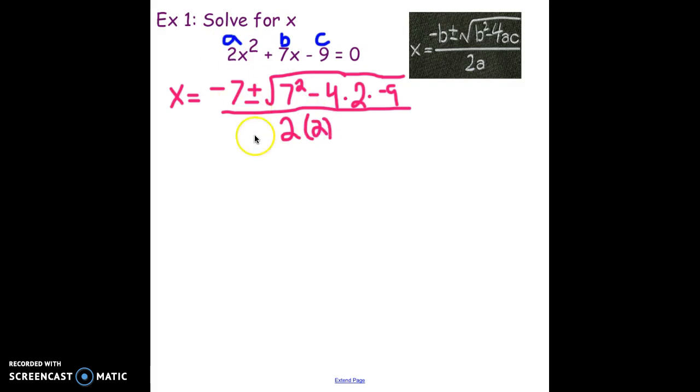Time to simplify. So let's see, I've got negative 7 plus or minus, let's see, 7 squared is 49. Negative 4 times 2 is negative 8. Negative 8 times negative 9 is a positive 72.